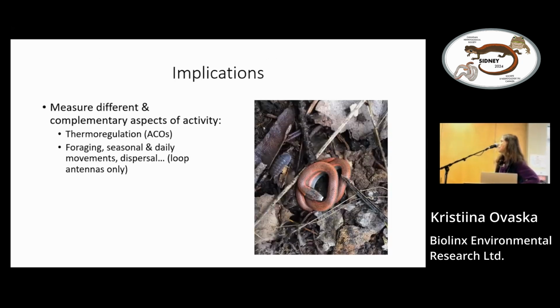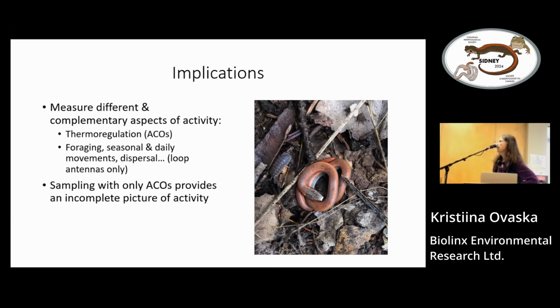So what did we learn about that? If you put an ACO on top, you're measuring different and complementary aspects of activity when compared to how they move in the natural habitat. So it's sort of obvious that with ACOs you enhance thermoregulation, you're catching thermoregulating snakes. And when we don't have the ACOs, we're getting the foraging, seasonal and daily movements, and possibly dispersal with the loop antennas.